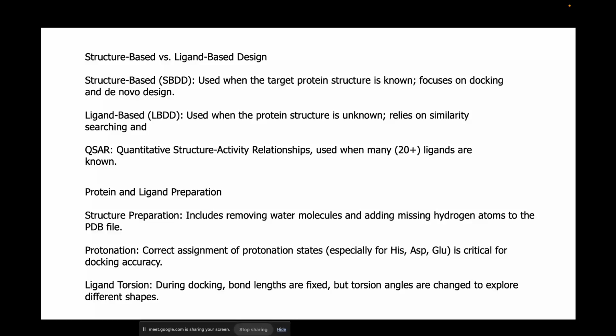So remove the water molecules from the beginning, and you can play around with the hydrogen bond formation, which is the protonation, and also ligand torsion, which is basically the twist of the angles between different bonds, because the bond lengths are fixed, but the torsion angles can be changed, and you can find which suits best.